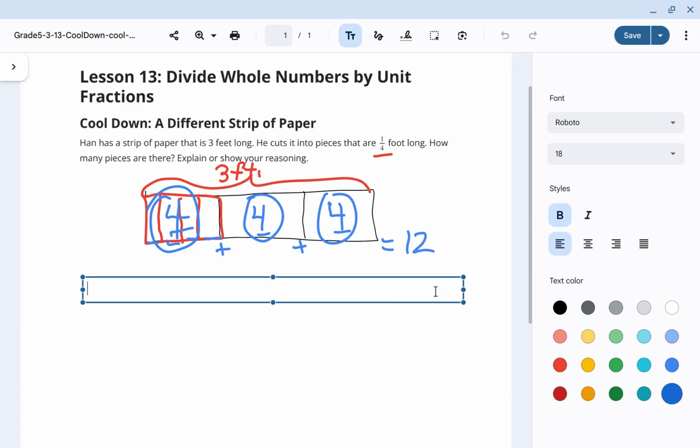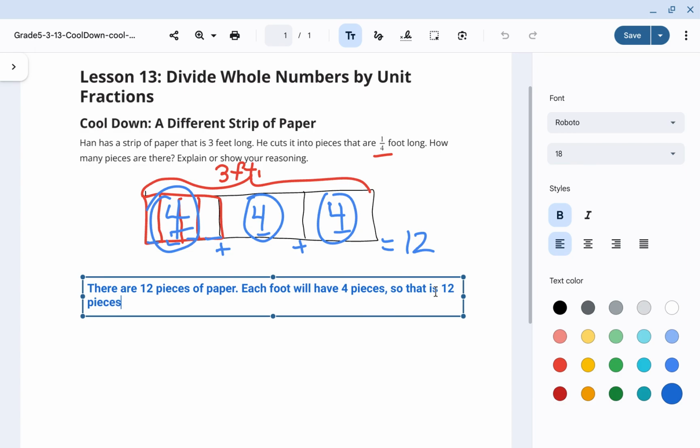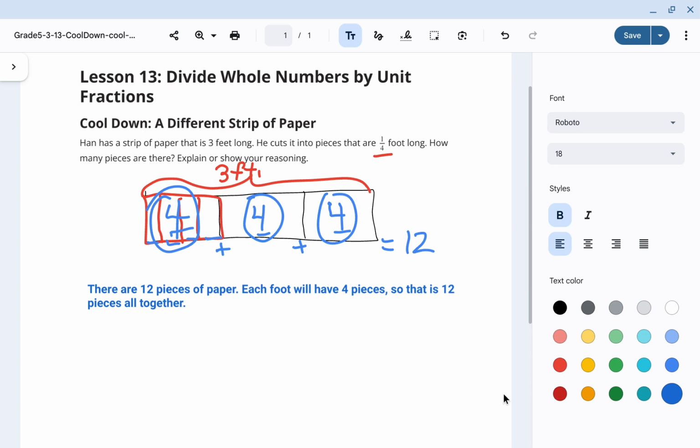So I am going to say there are 12 pieces of paper. Each foot will have 4 pieces. So that is 12 pieces all together.